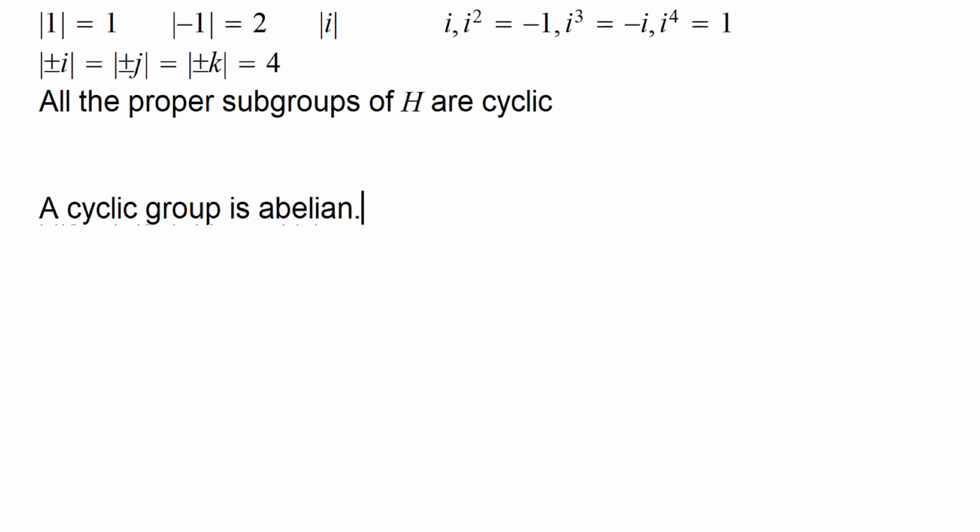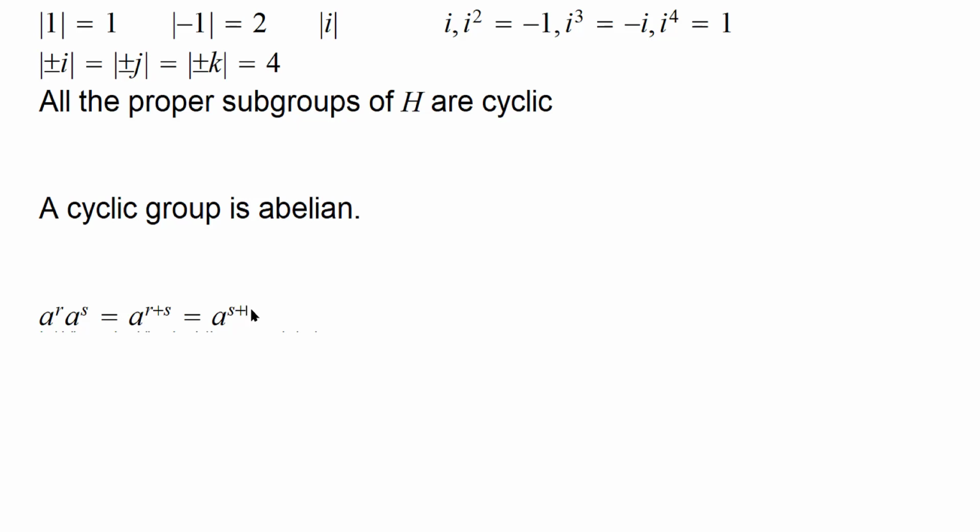The proof is based on this criterion: if I have a cyclic group, then all the elements are integer powers of A, and A to the R times A to the S is A to the R plus S. Addition of integers is commutative, so we can interchange these. So a cyclic group is abelian; that becomes a theorem as shown in the book.